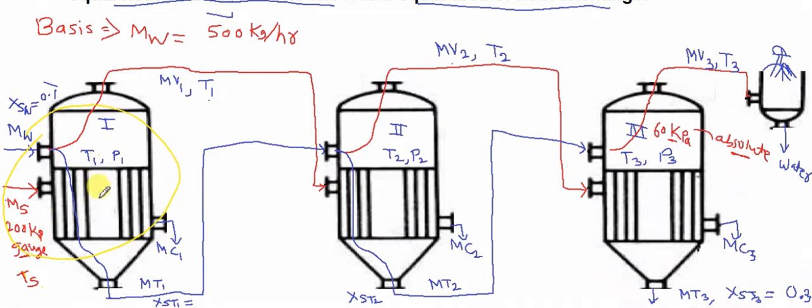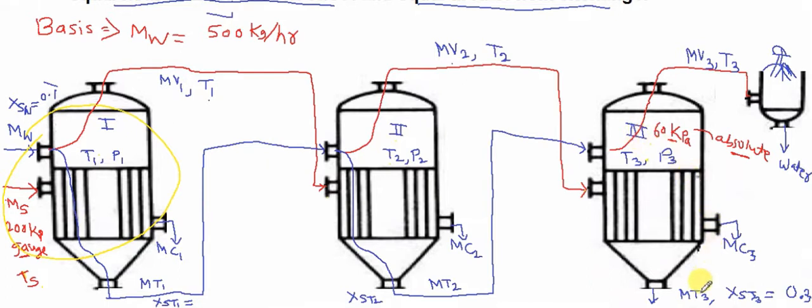In the first effect evaporator, steam comes in at Ts and the inside temperature is T1. In the second effect, steam comes in at T1 and the inside temperature is T2. Similarly in the third effect, steam comes in at T2 and the inside temperature is T3.